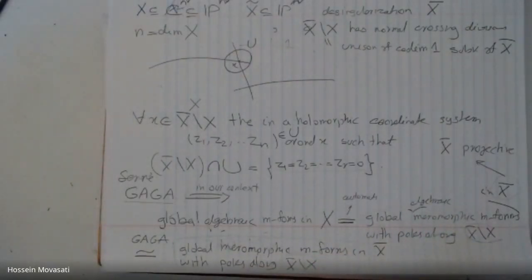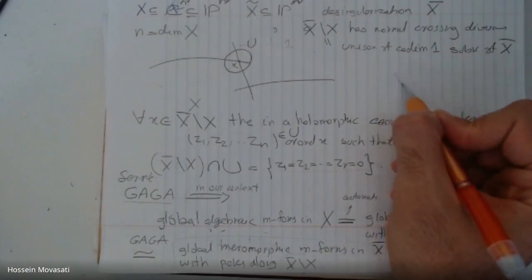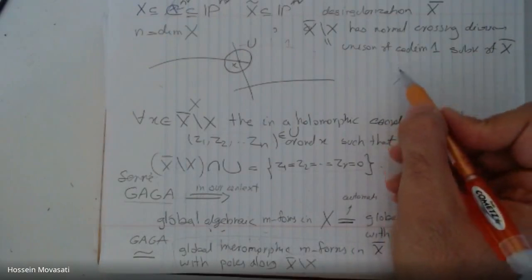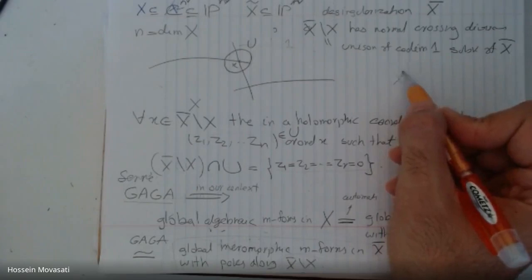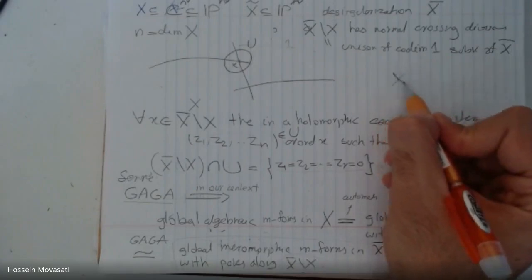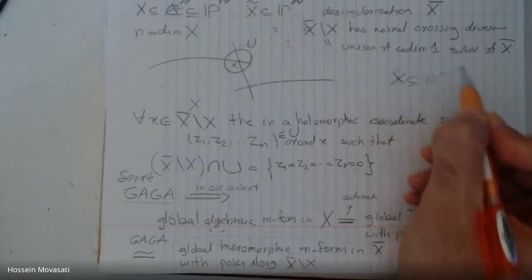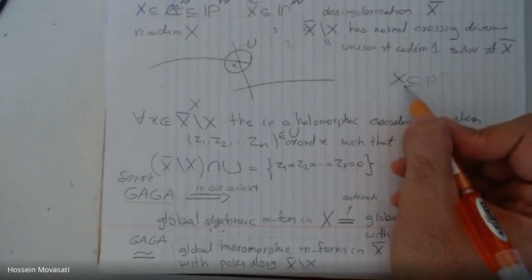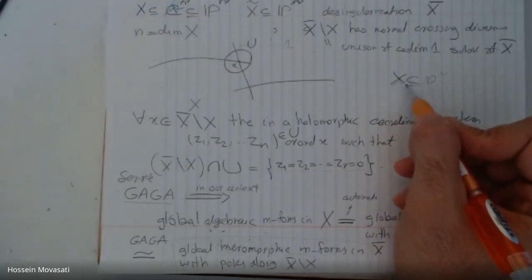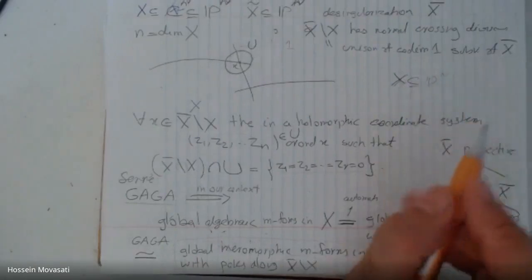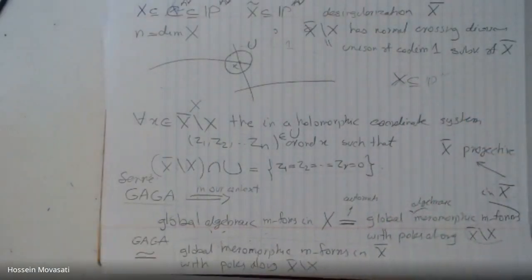In some sense, this is a generalization of the fact that if you have a holomorphic function on a projective variety X, then since X is compact, this holomorphic function must be constant, and since it is constant, it will be again in the category of algebraic functions and polynomials.